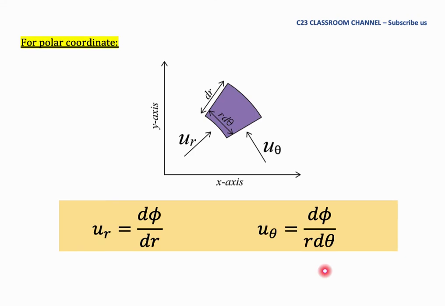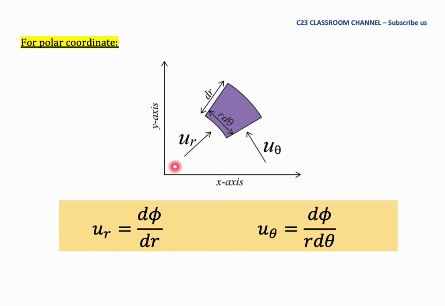So this is the polar coordinates, and we are going to derive the relationship between ur and u theta with phi. I hope you could draw this one. It is quite similar to the continuity equation and also to the circulation. So we have ur here parallel with the radial direction, and this is the tangential velocity, or the velocity regarding the angle here.